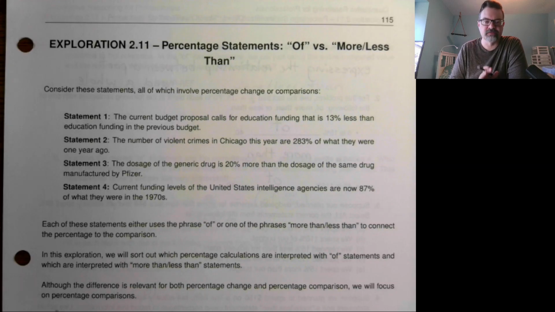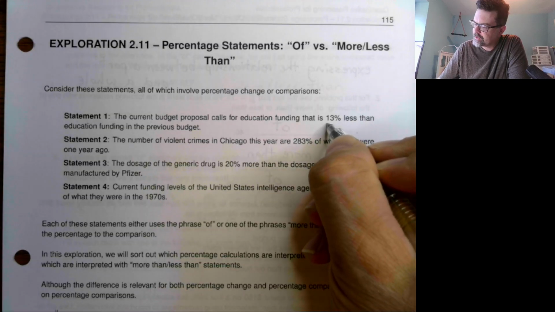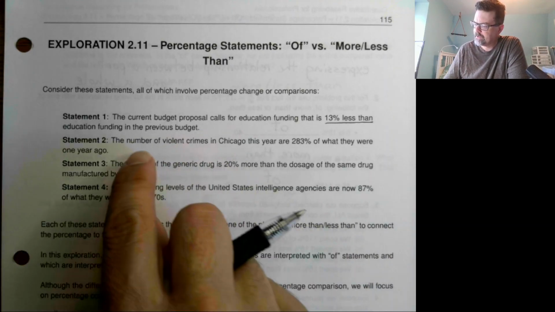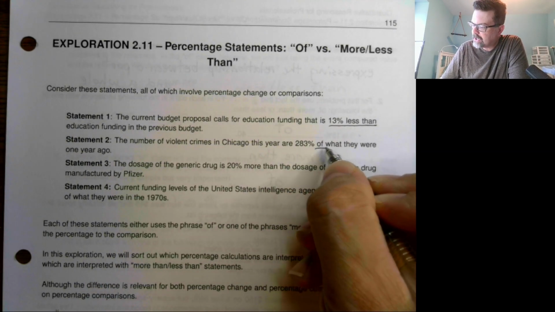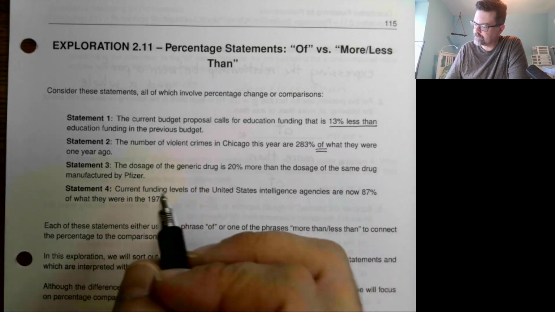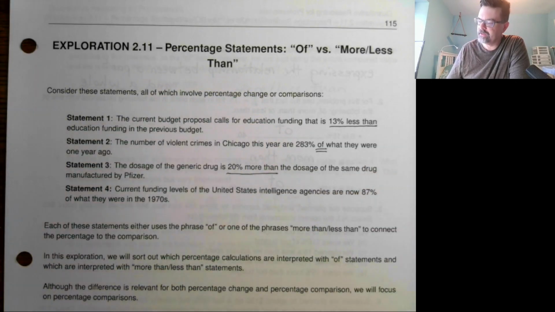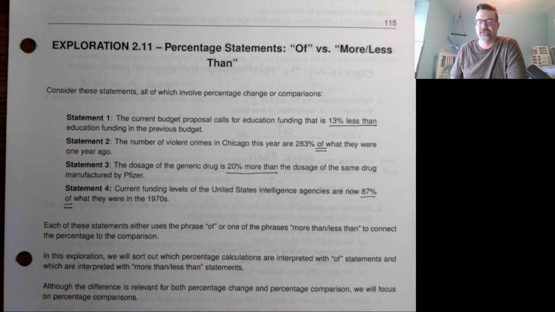All right, so if you just look at these four statements that are given here: current budget proposal funding that is 13% less than; number of violent crimes in Chicago is 283% of what they were 1 year ago; dosage of a generic drug is 20% more than; or current funding levels are now 87% of what they were in the 70s.